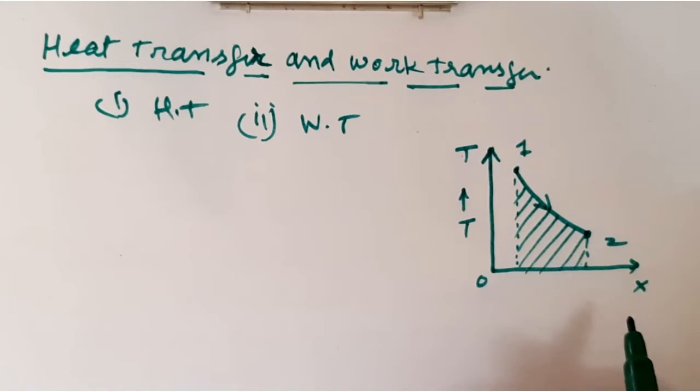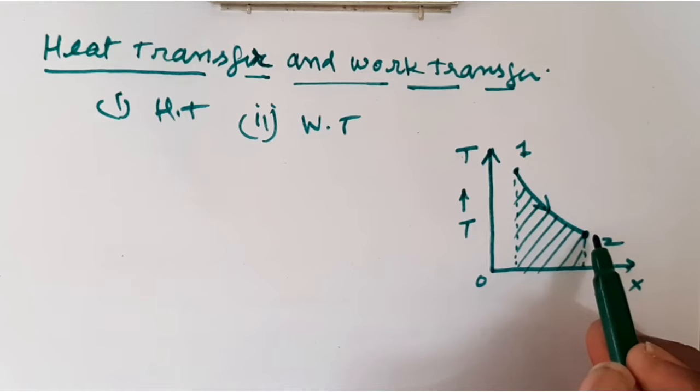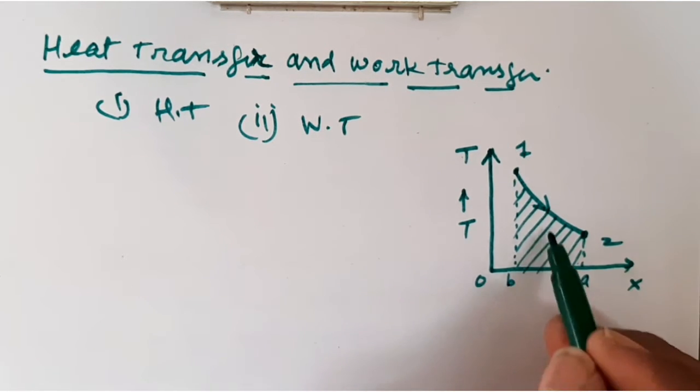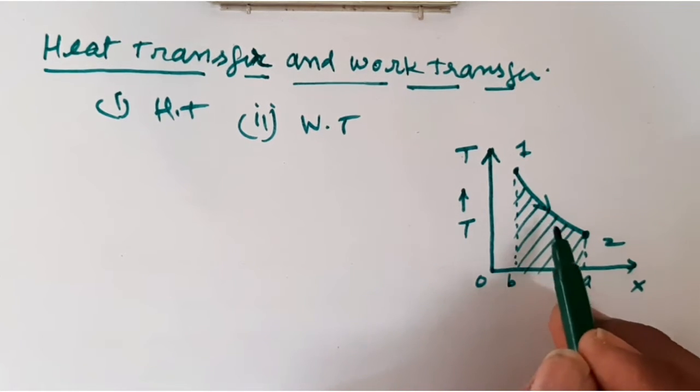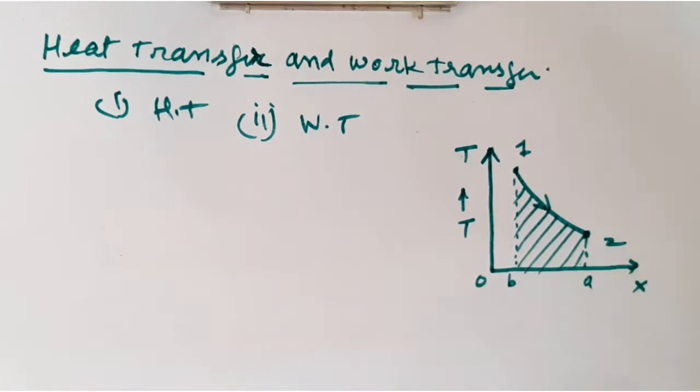This is point 1, this is point 2, this is point A, and this is B. So this shaded area is equal to heat transfer during this process 1 to 2.